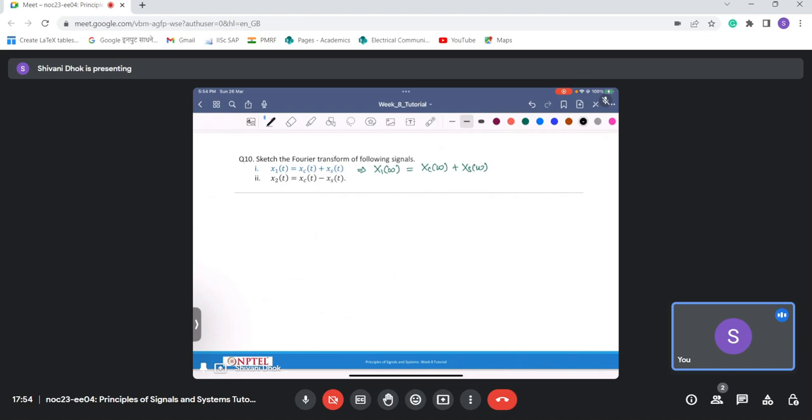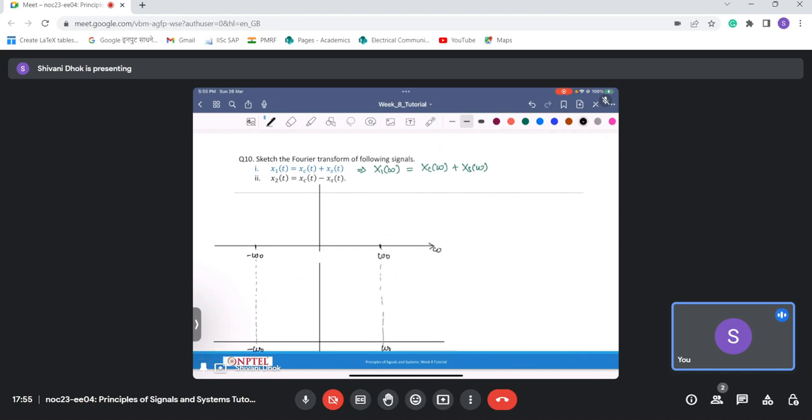So now let us again sketch these two Fourier transforms. What we have is something like this. Let's see, this is minus omega naught, this is omega naught, this goes like this. Here also we have omega naught and minus omega naught.